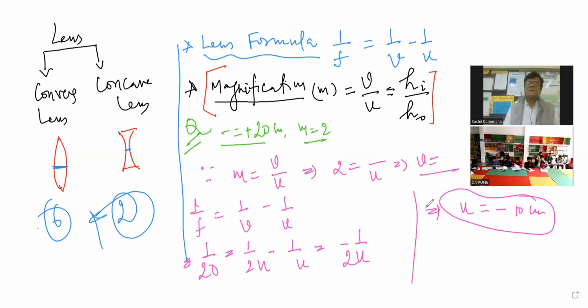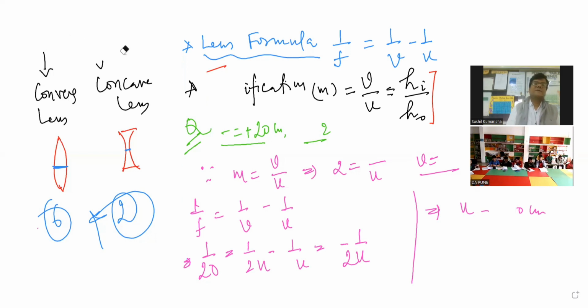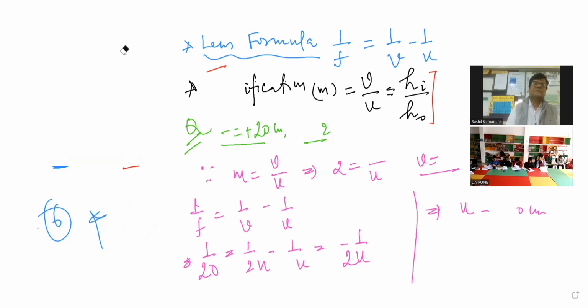Sometimes you are told to explain with the help of a diagram also, so we can show with the diagram as well. Draw a lens, and draw the principal axis.